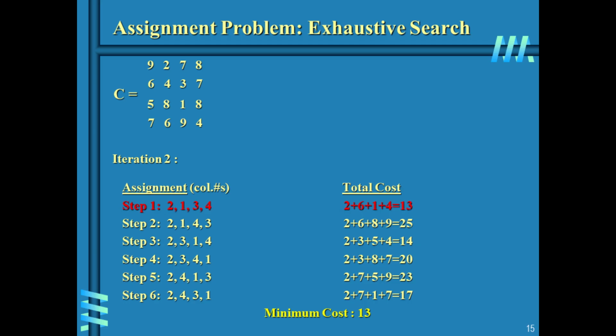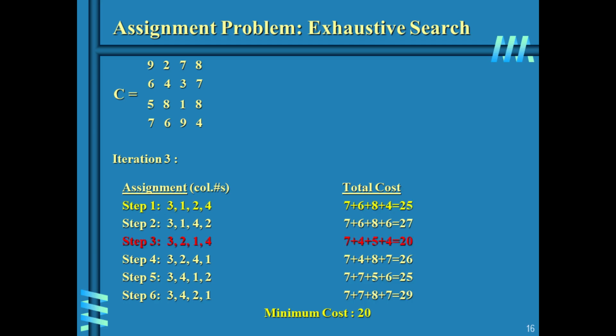Coming to the final step of iteration number 2 is assigning job 2 to person number 1, job 4 to person number 2, job 3 to person number 3, and job 1 to person number 4, whose total cost is 17. So among these 6 possible ways of iteration number 2, the minimum cost found here is 13.